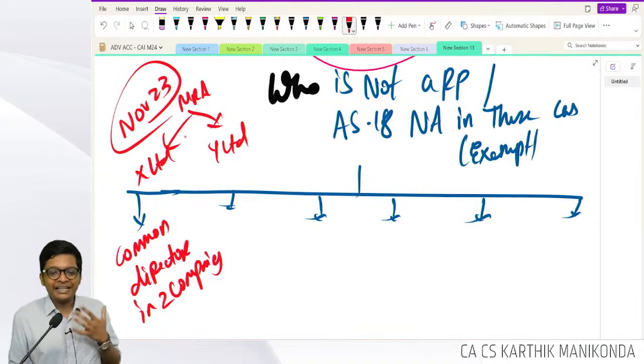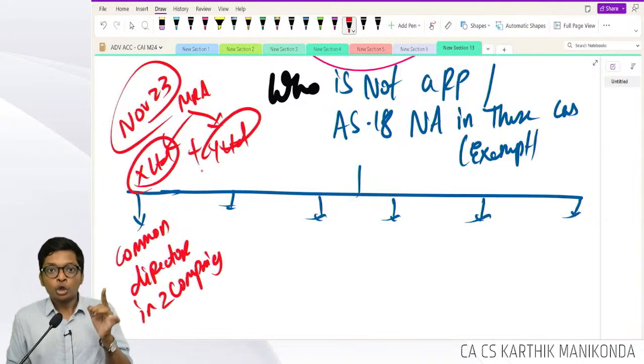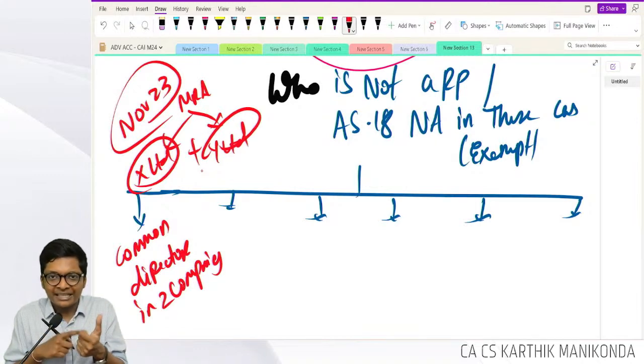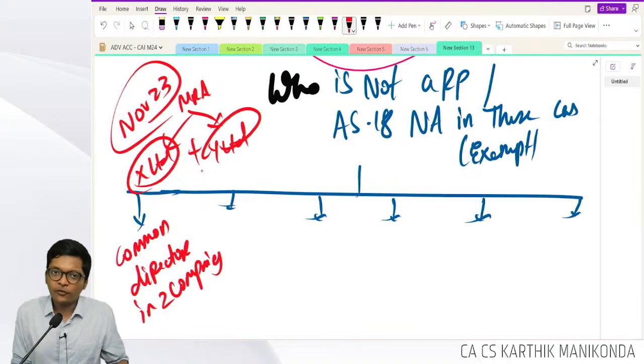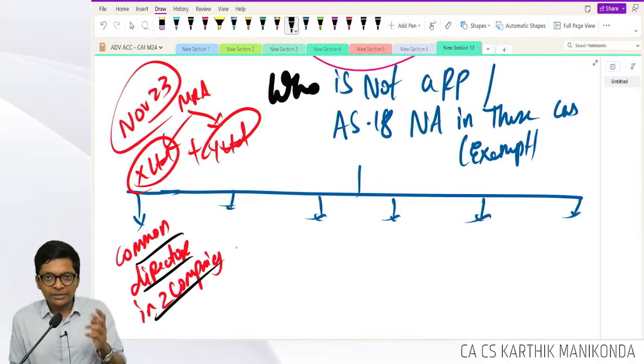Just because I am a director in both companies does not mean X and Y are related parties. You should either be a KMP in both the companies, or you should be KMP in one company, have control or significant influence in other company. Are you following, guys? That's about it. So, common director in both companies not counted.